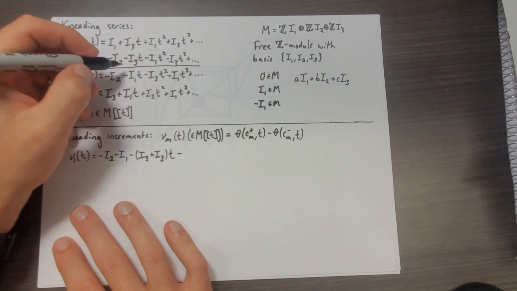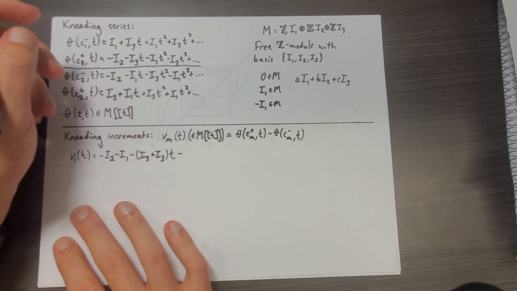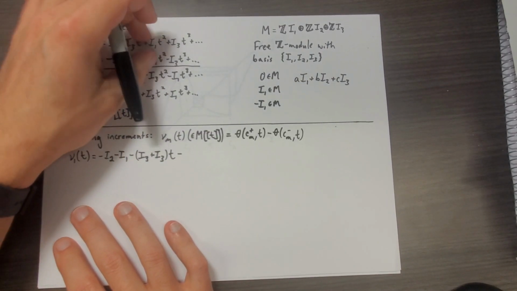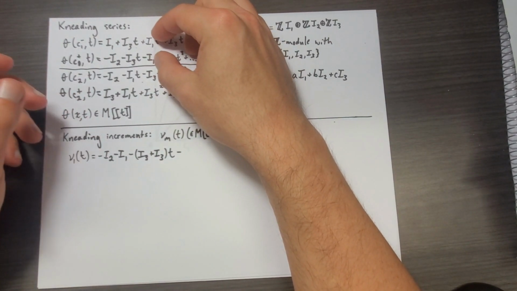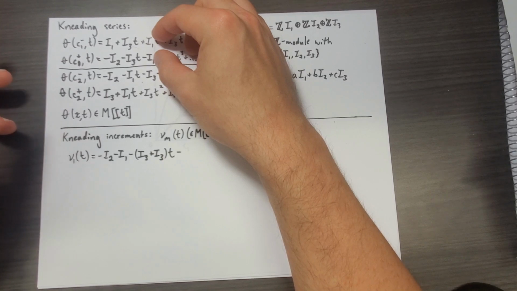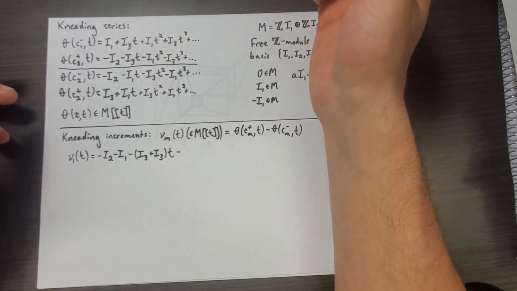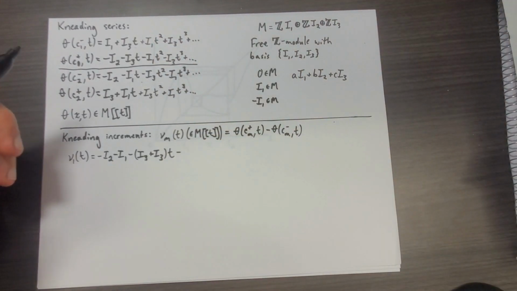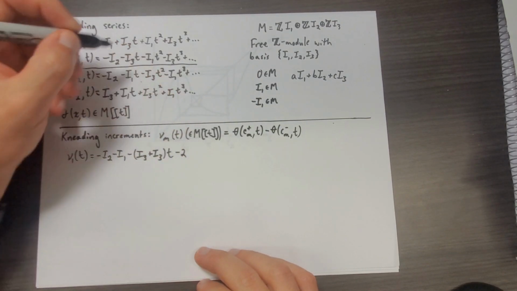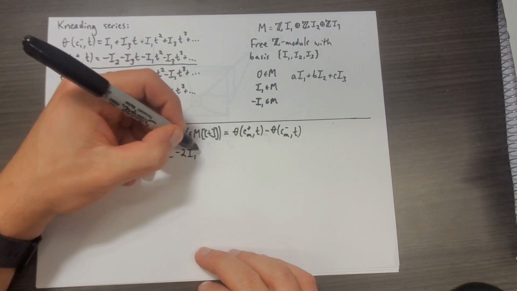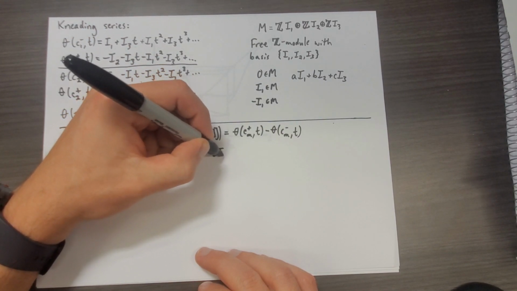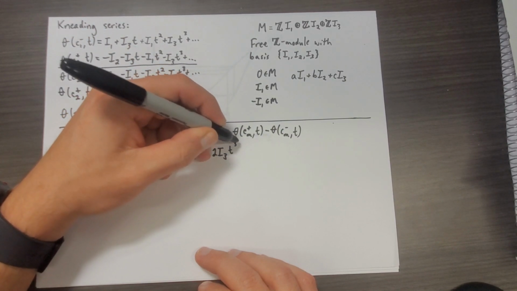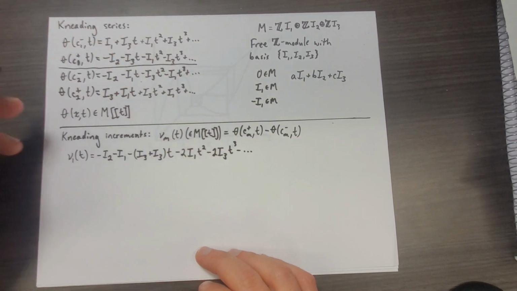And in general, it's going to be 2 times whatever if you have continuity at that critical point, because the same iterate is going to land in the same lap, but it's going to have reversed orientation in one of them. So it's going to be minus 2 I1 t^2, minus 2 I3 t^3, minus, and so on.